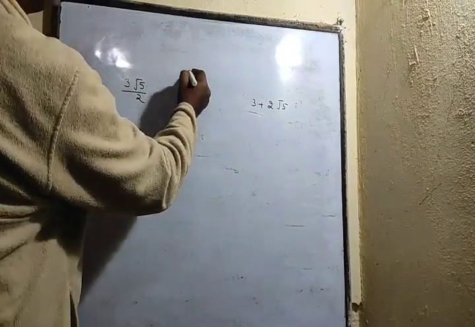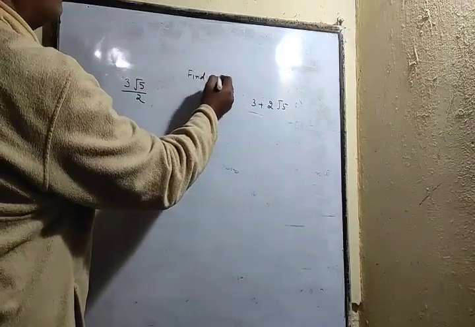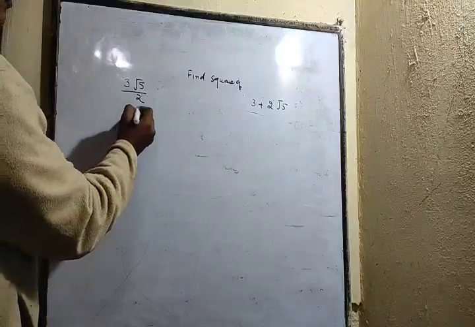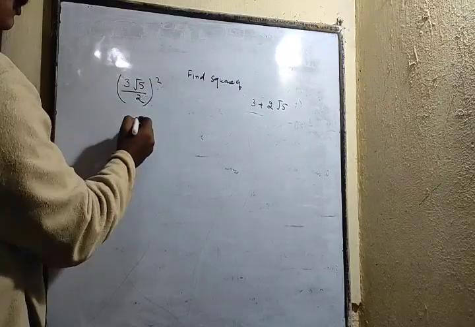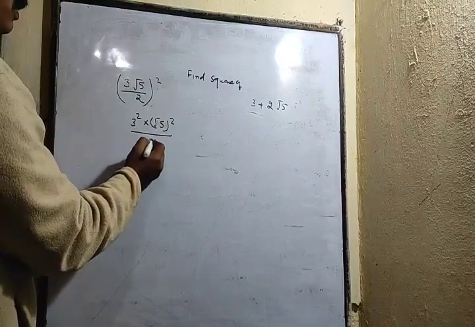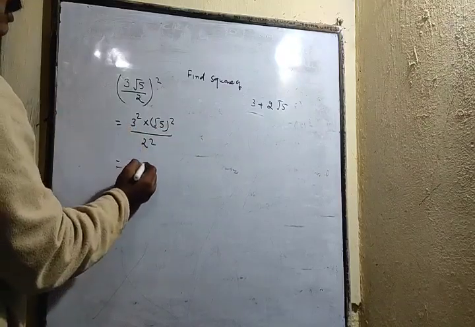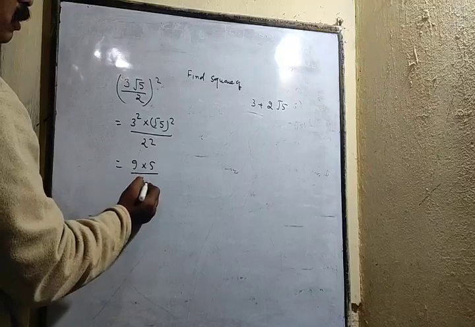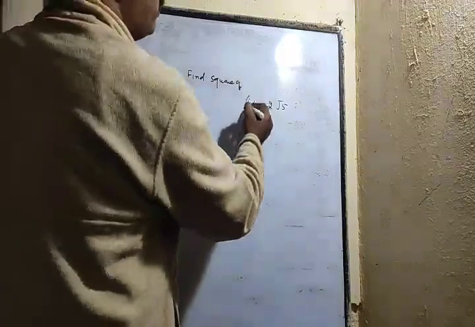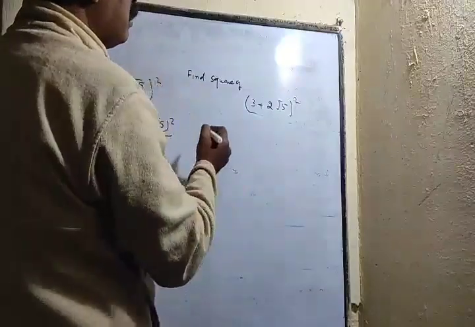Now in this expression you have to find the square of this one. So it will be 3 square into (root 5) whole square by 2 square. So it will come out as 9 into 5 by 4, and your answer will be 45 by 4. And when you have to square this one, we use the formula (a plus b) whole square.